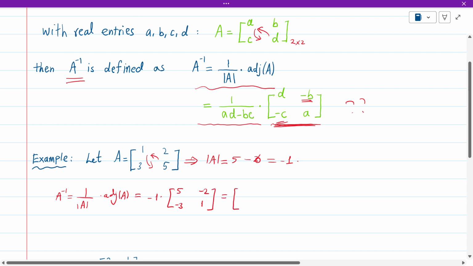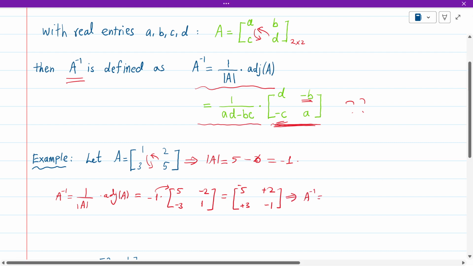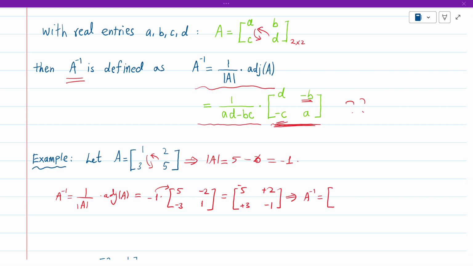When you take the negative 1 inside, you get negative 5, 2, 3, negative 1. So A inverse will be negative 5, 2, 3, negative 1.